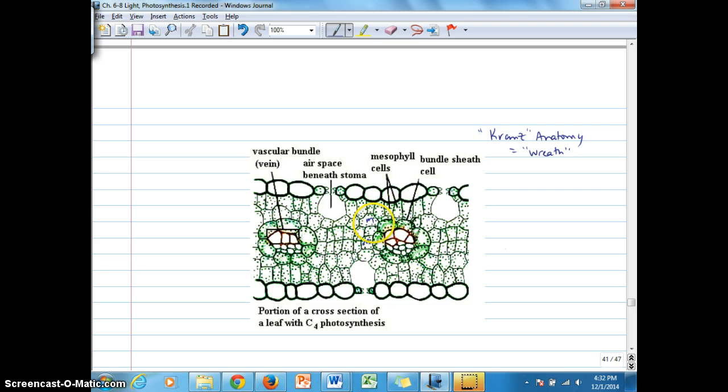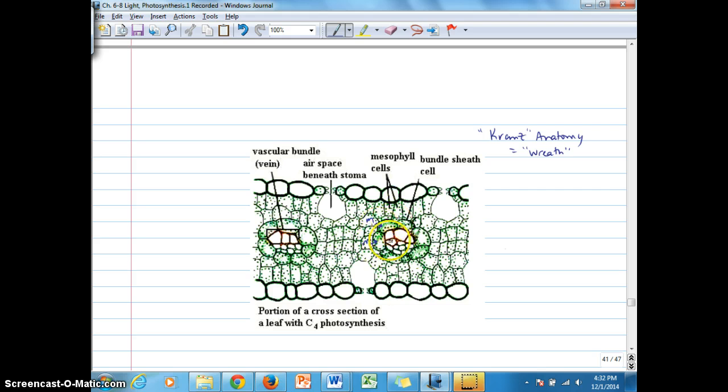Then that malate is transferred into the bundle sheath cell, which is these cells here, and that's where malate becomes decarboxylated. CO2 is then fixed again, but this time by RuBP.